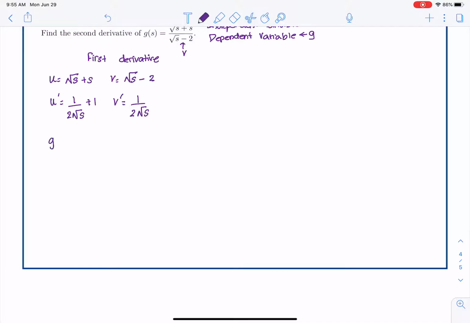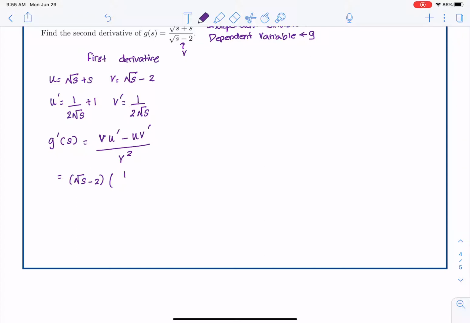So the first derivative of g of s, which is g prime of s, is v u prime minus u v prime, divided by v squared. So v is square root of s minus 2.